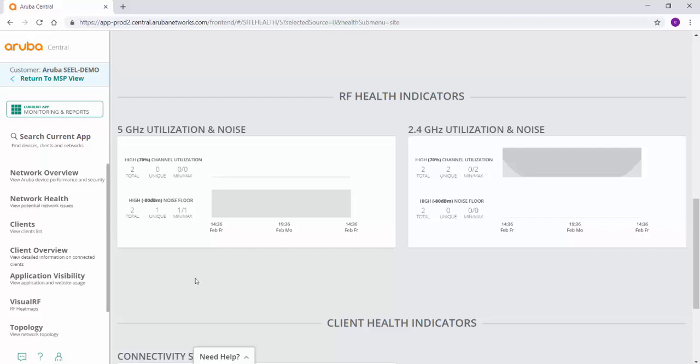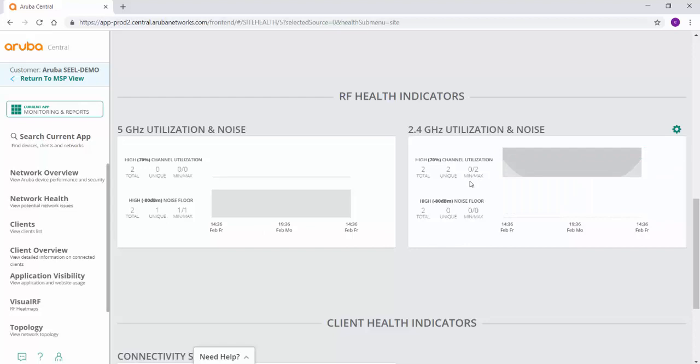What we can very easily see is that we do have one access point that is reporting a high noise floor. However, it's reassuring to note that we don't have any high channel utilization on the 5 gigahertz spectrum. So what that leads me to believe is whilst there is a fair bit of noise around this particular access point, it's not having any negative impact on our clients' performance.